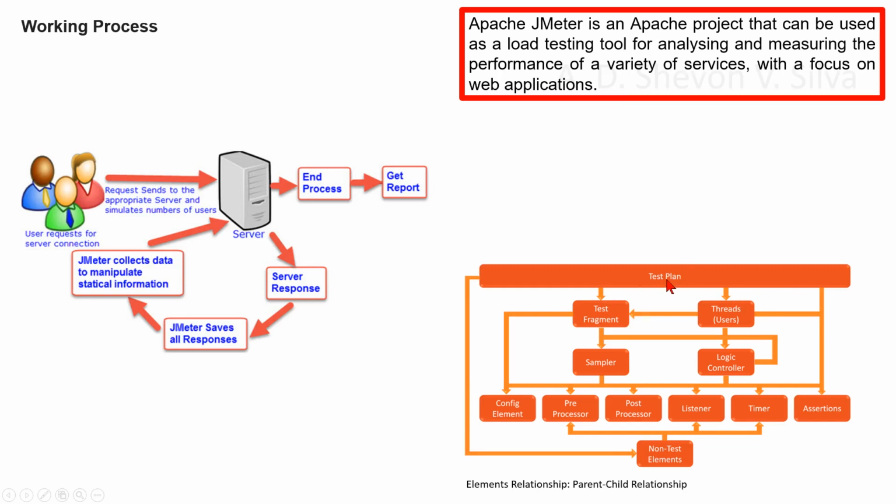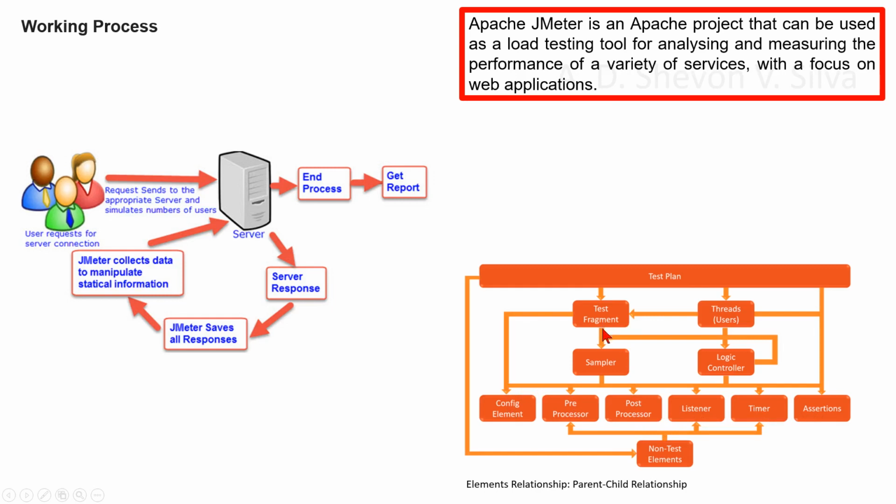So here the test plan is connected to non-test elements, test fragment, and thread users. The thread users are connected to a test fragment and config element, and preprocessor and post-processor, listener, timer, and assertions.